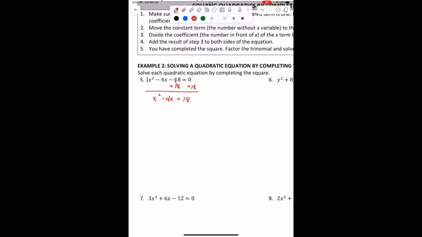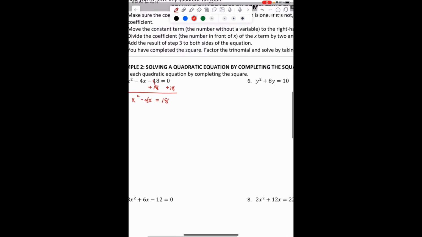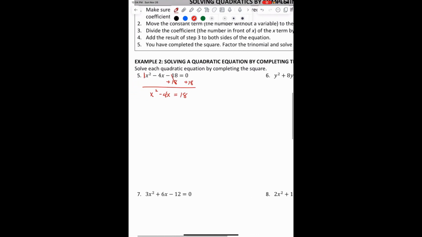Step 3 says divide the coefficient, the number in front of x, so just x to the first power, by 2 and square it. So this number right here, we're going to take that negative 4 and divide it by 2 and square it. So negative 4 divided by 2 is negative 2, and we square it, and we get positive 4.